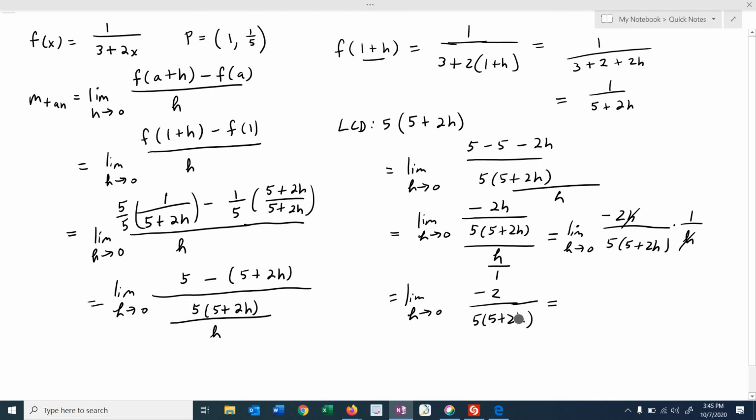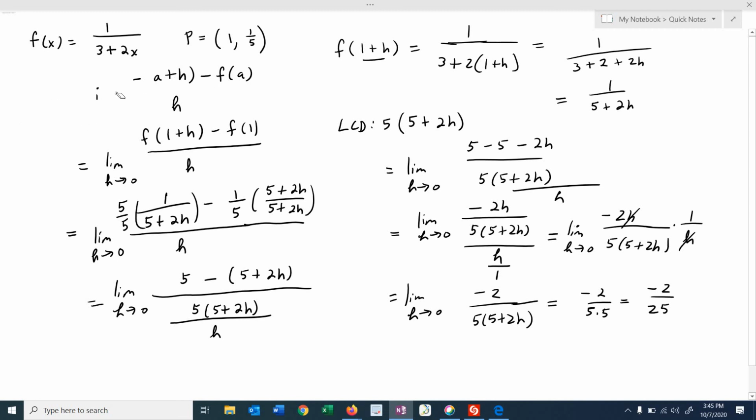And if you substitute 0 in for the h, because h is getting closer to 0, then you're left with 5 times 5 on the bottom. So the slope of your tangent line is minus 2 over 25. Okay, so that's part A. That's the slope of the tangent line to the function at this particular point.